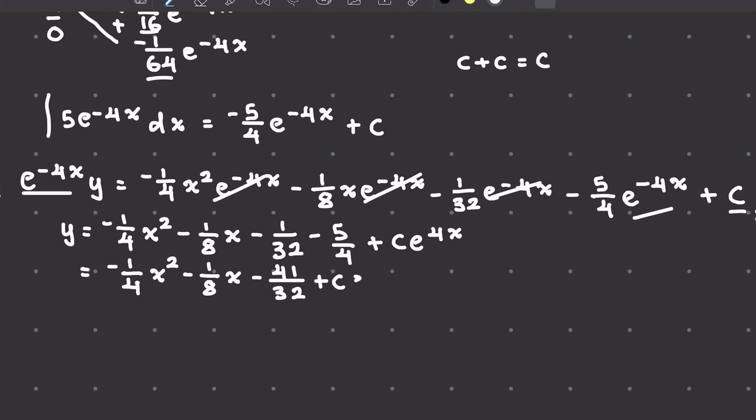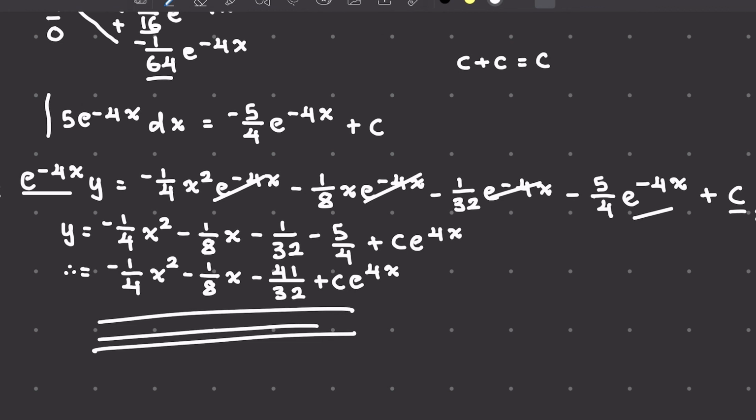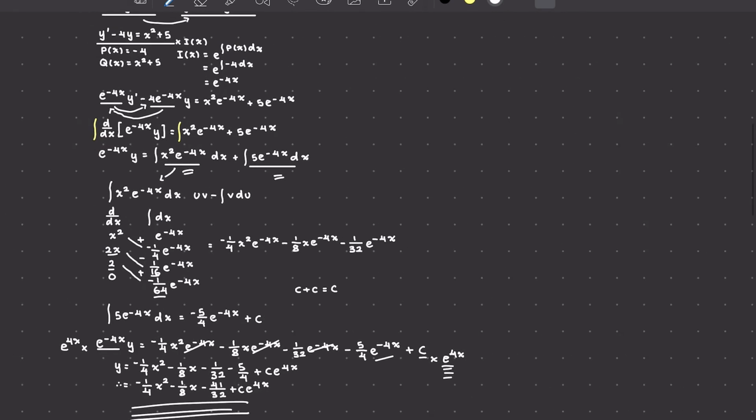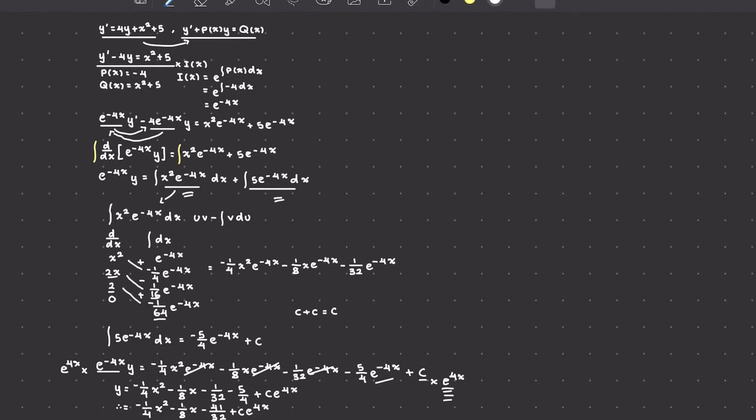Don't forget, plus c times e to the 4x. And this here is our final solution because we cannot simplify it any further. And so this is how you solve the second example for the first order linear differential equation.